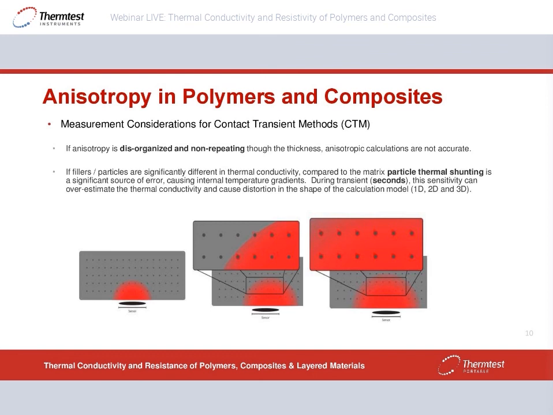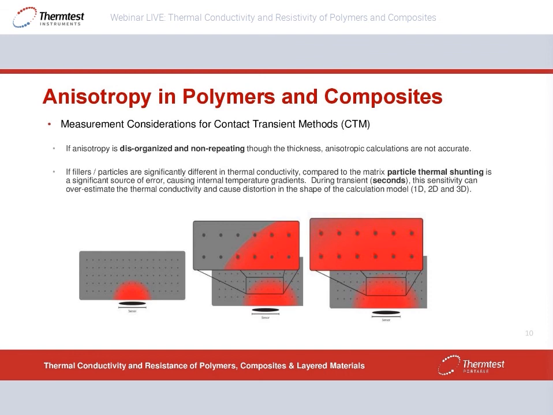Somebody would have introduced these particles to reduce the overall conductivity. Now, in the measurement of these with a transient method, what is actually happening is the heat from the sensor through a transient is shunting around the particles and almost ignoring the effects of the low conductivity particle or filler. There would be some small effect, but almost ignoring it.